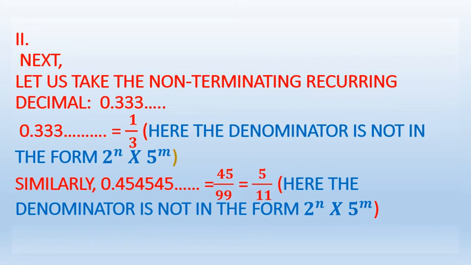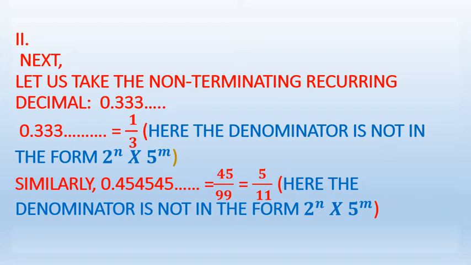Next, let us go for non-terminating recurring decimals. So for example, 0.333, where 3 repeats continuously. In class 9, we calculated the p by q form of this as 1 by 3. Here the denominator is not in the form of 2 to the power n multiplied by 5 to the power m.